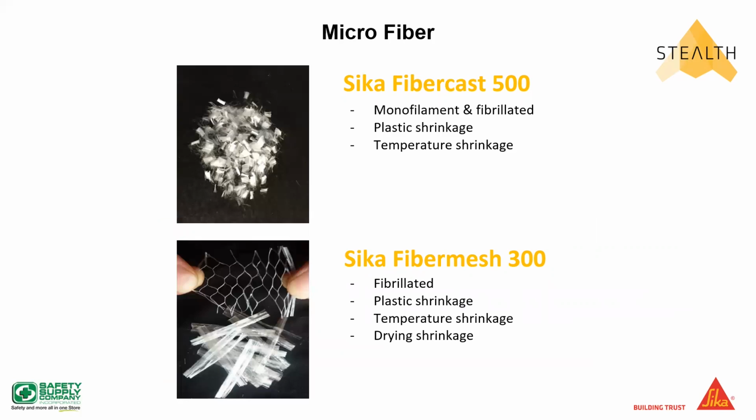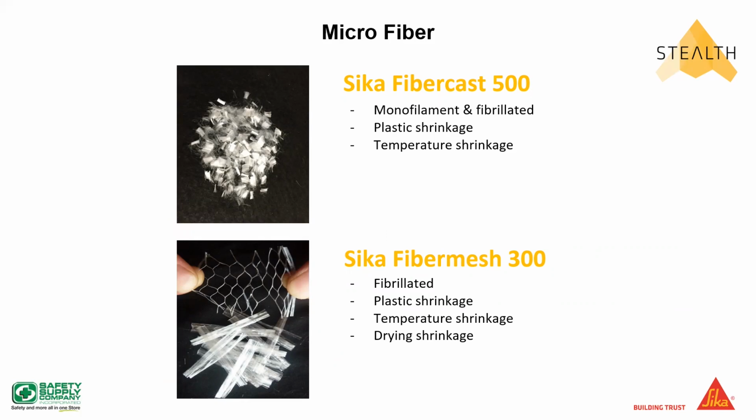Now, here's what I wanted you to see down here on that bottom picture, the Fibermesh 300. When I talk about fibrillating, if you pull those strands apart, you see it looks like a netting. That's what we're talking about when we say fibrillating. Not only does it have the ability to fray along the strand, but it has this netting, and you can tell that those little openings within the net are all pretty much the same.